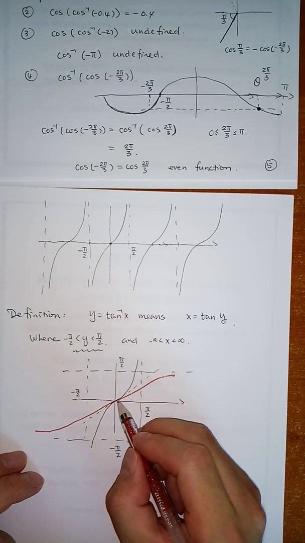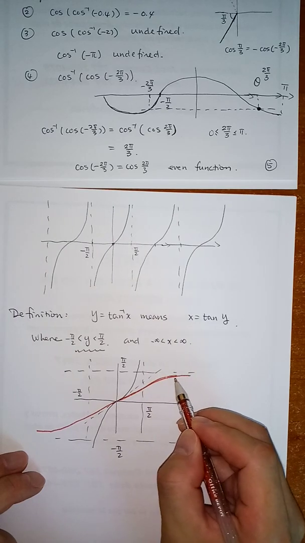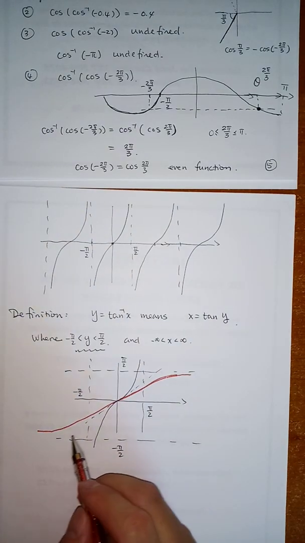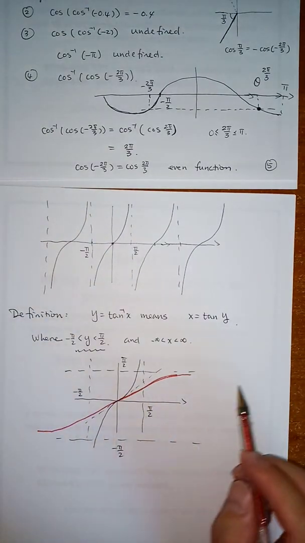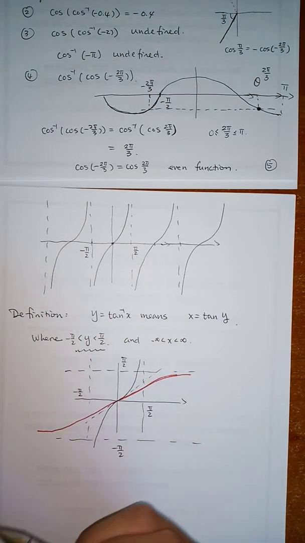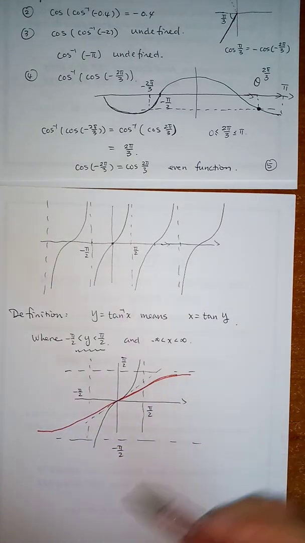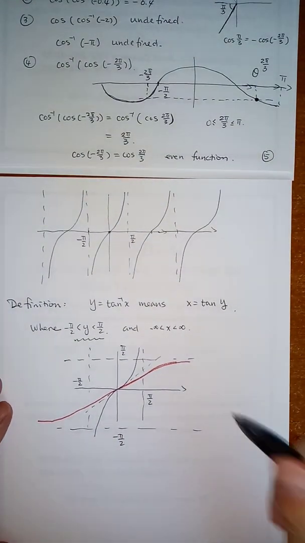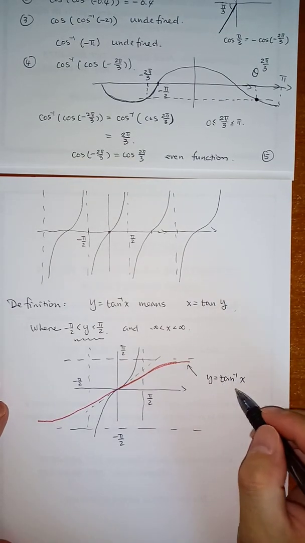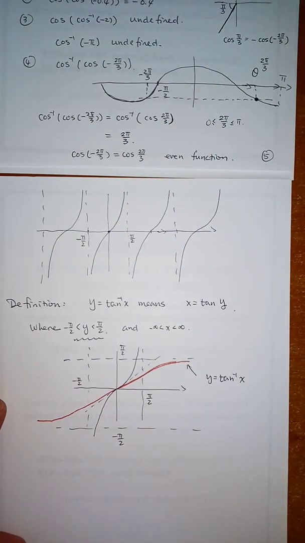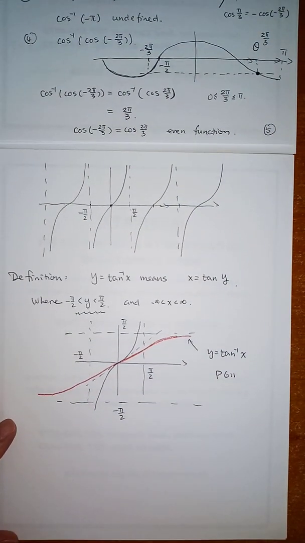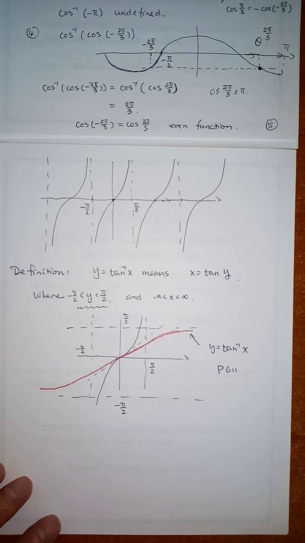It looks bad, sorry. It goes smoothly up, approaching pi/2, and to the left approaches negative pi/2. This is y equals tangent inverse of x. The beautiful graph is on page 611, where you can read the book and find a better graph.